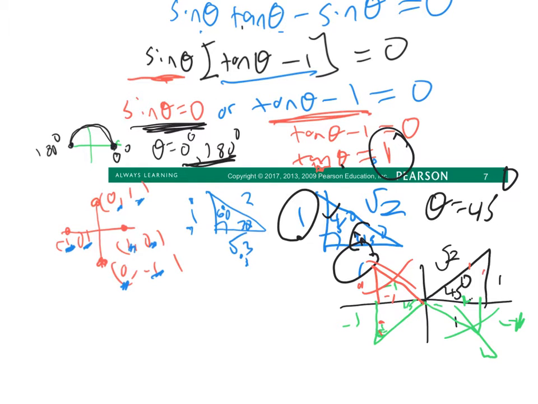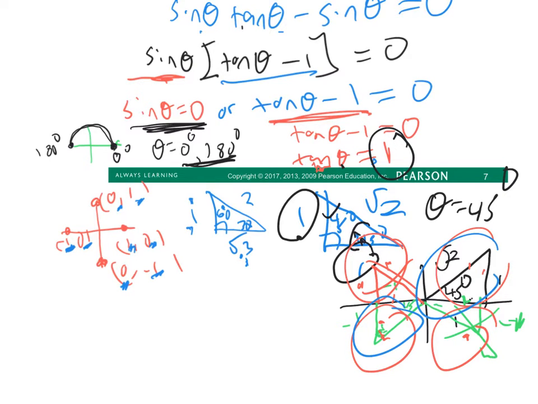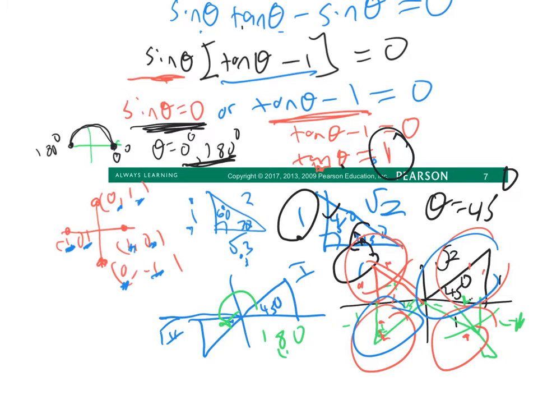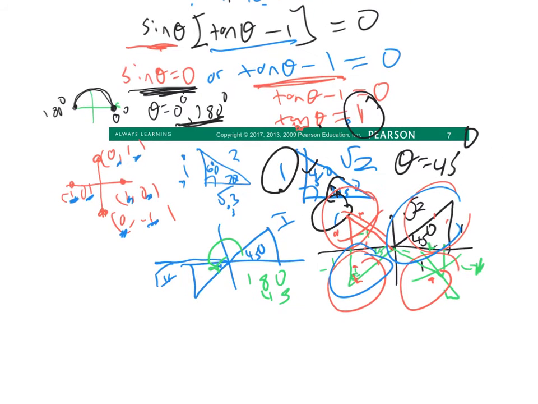So it has to be these two. Well, all students take calculus. It had to be these two. So if it's quadrant 1, that's 45 degrees. If it's quadrant 3, then that would be 180 plus the 45. 180 plus 45, how much is that? 225 degrees.